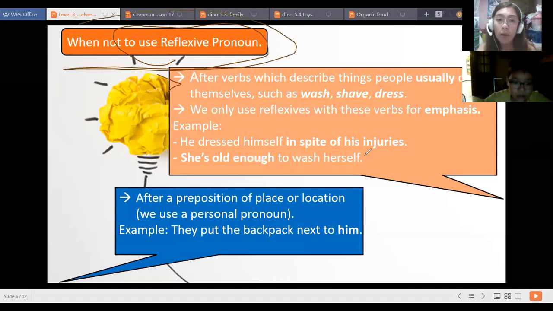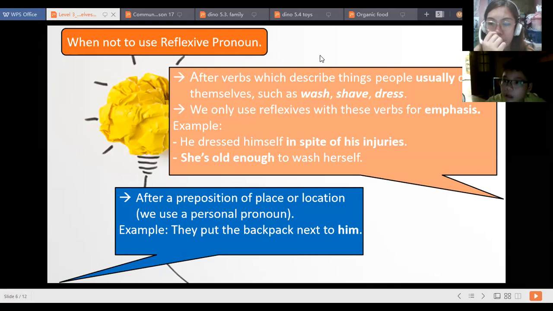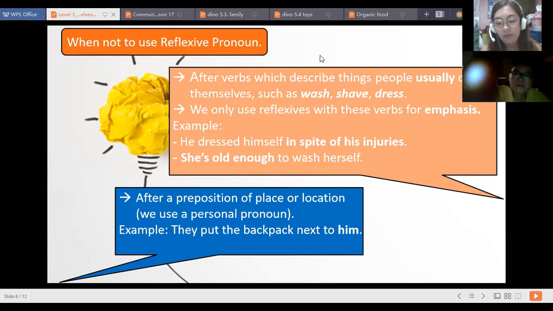You don't know about this if you did not read this, okay? When not to use the reflexive pronoun.